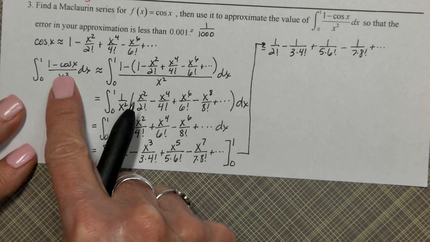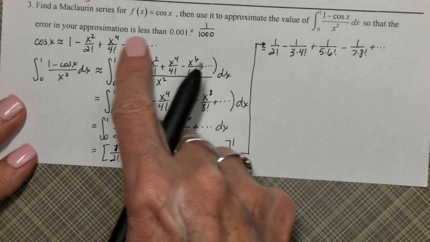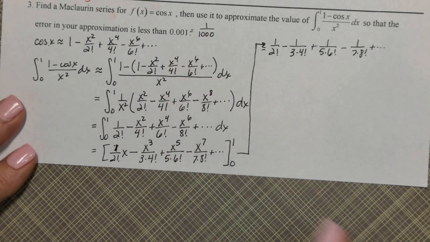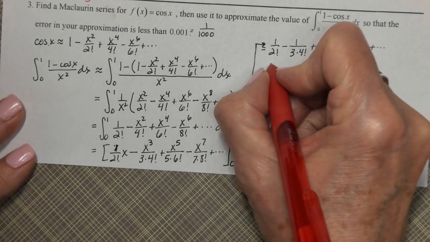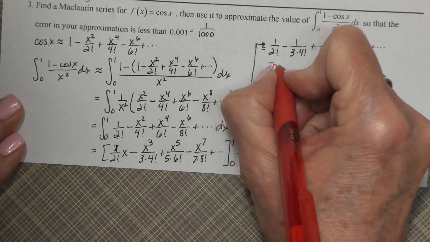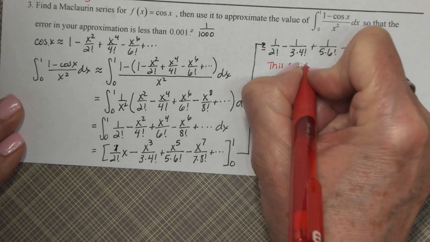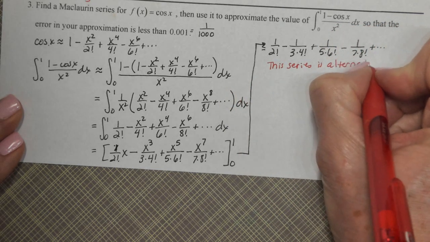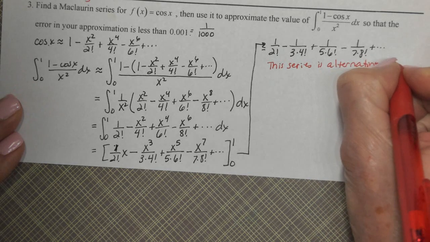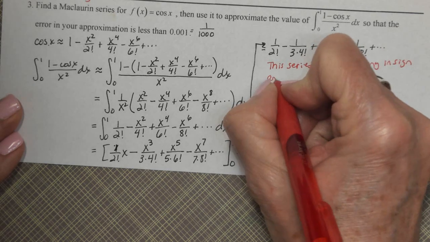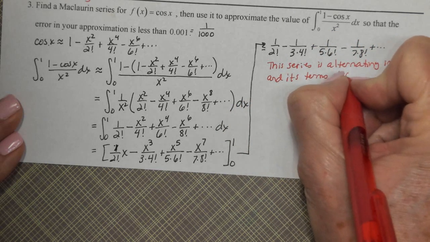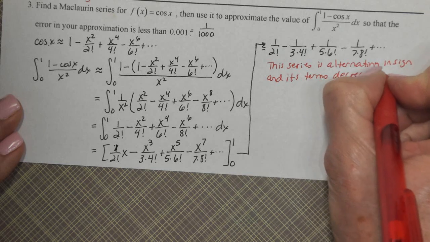We only want to approximate it so that our error is less than 0.001, so 1 over 1,000. And I noticed that this series is alternating in sign, and its terms decrease in magnitude to 0.